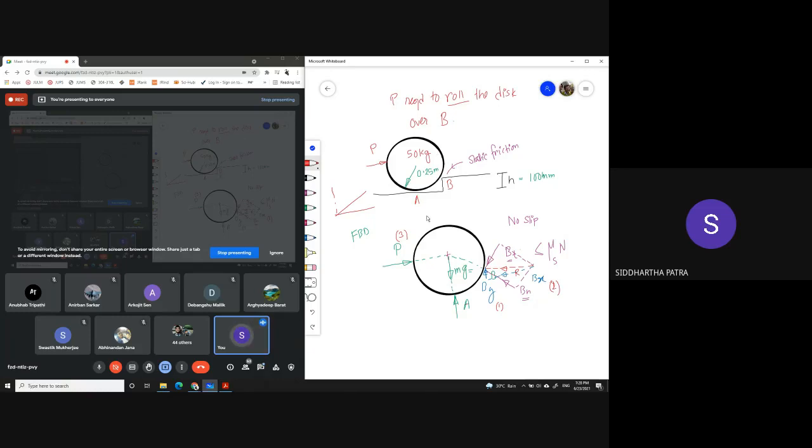And as long as A is supporting the roller, there is not that lifting effect. We want to find out the minimum value of P at which the roller simply tries to turn over B. So we want to figure out the initiation of that, and that initiation doesn't happen as long as A is still supporting the roller.